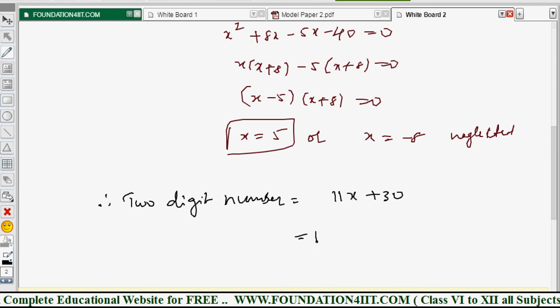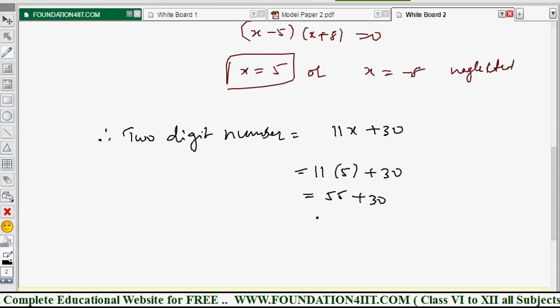So 11 into x value, which is 5, plus 30. So 55 plus 30 is 85. Okay, 85 is the number. So the units place is 5, tens place is 8. The difference is 3, and if you multiply both, 8 times 5 is 40. So you are getting it right. Next, let's see the next question.